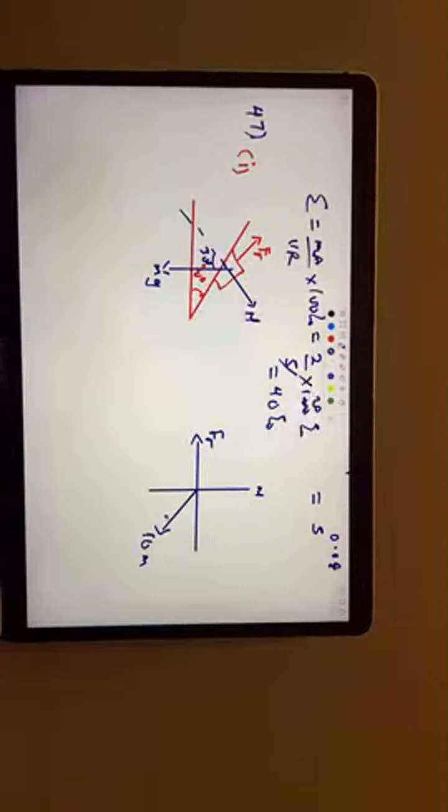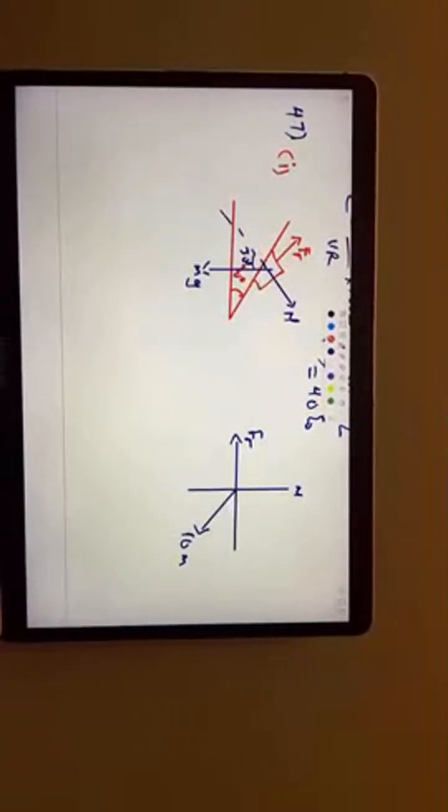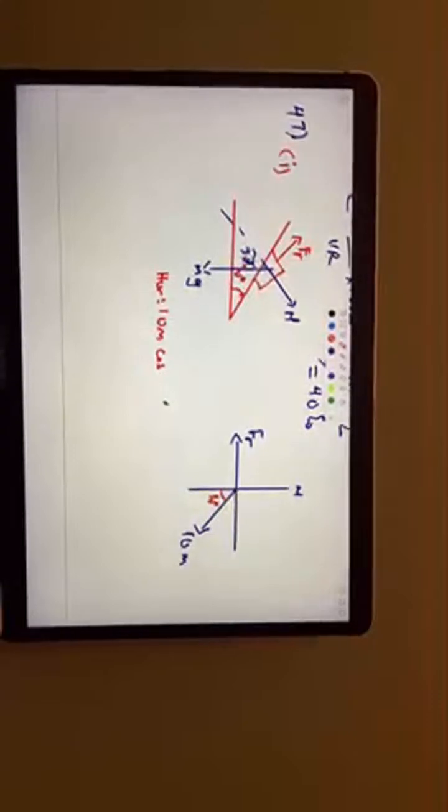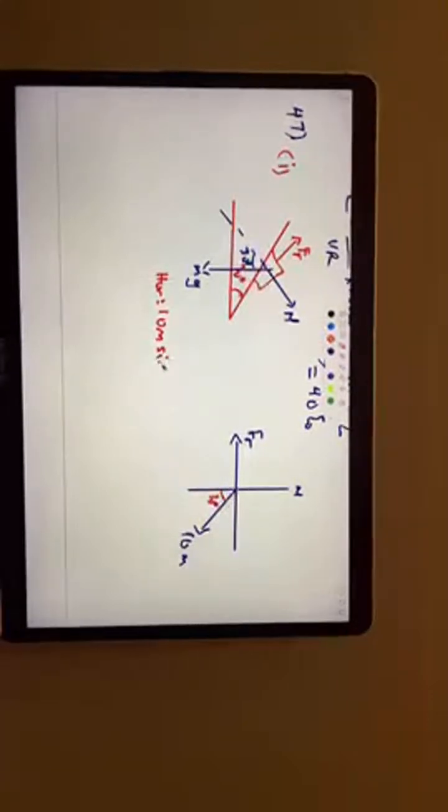That's everything we have in that system. So along the incline, I have 10m sine 30 degrees minus Fr equals what we are looking for, the acceleration down, so equals ma.